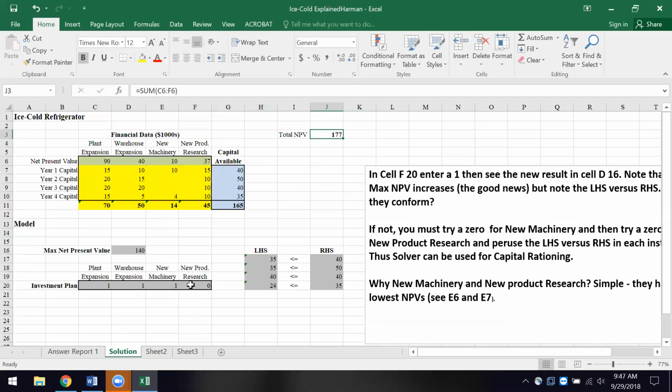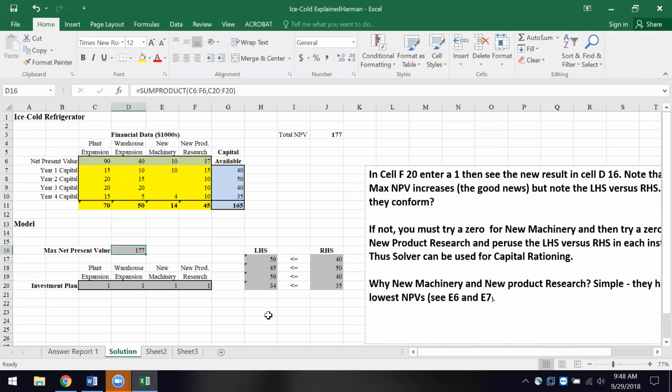I'm going to do the new research project, and watch what happens. I get that total NPV that I wanted. But notice the constraints. They make no sense. And so Solver's telling me, look, you can't do everything because you don't have the money every year to do it. Just look at the chart. So you can see it.